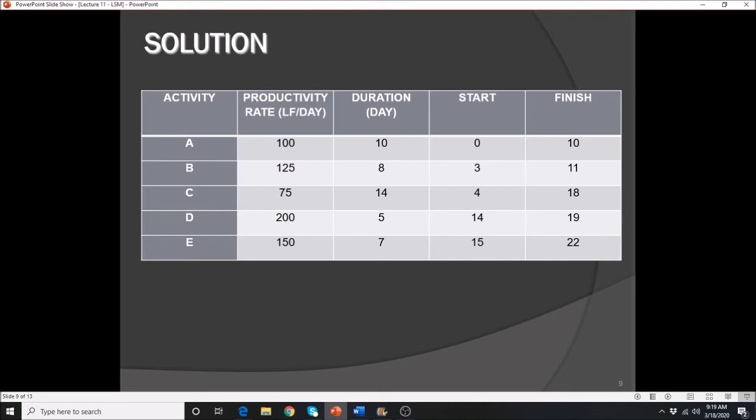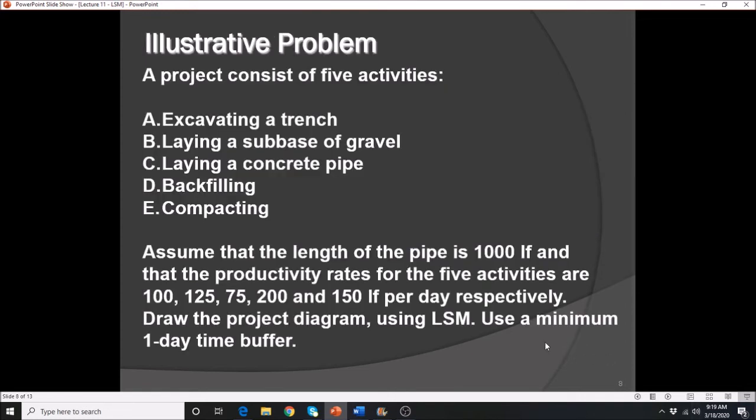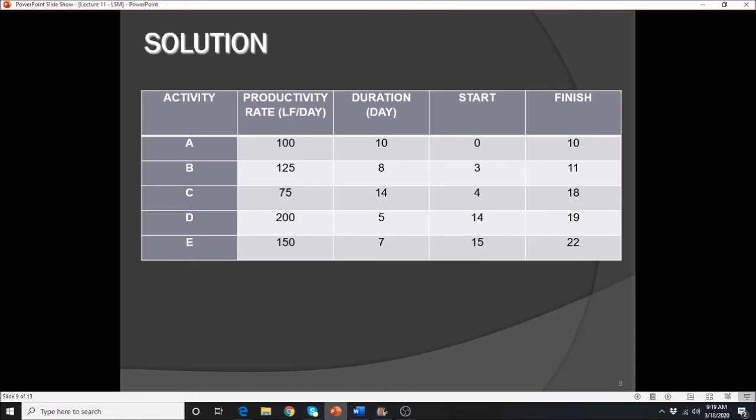So in that case, we need to separate activity A and B by 1 day. So where did we get that 1 day? It says here that we need to provide 1 day. So 10 plus 1 gives you 11. Which means activity B should end on the 11th day. 11 minus the duration, so you will start on the 3rd day. You got it? Alright.